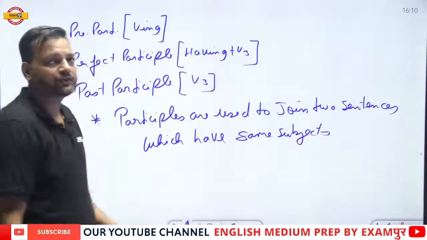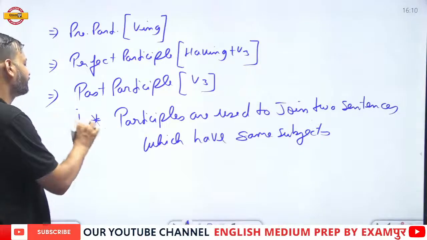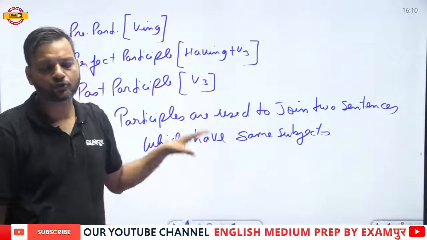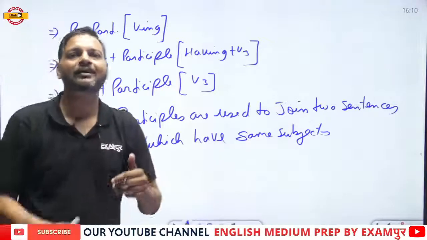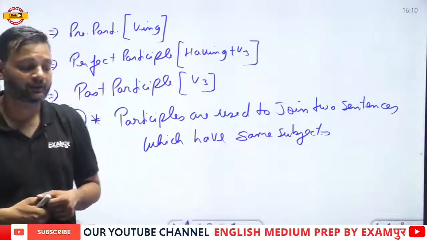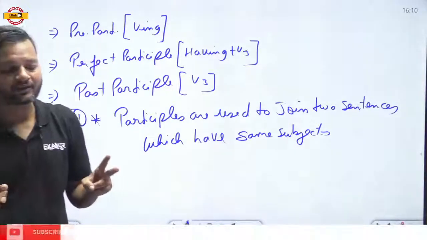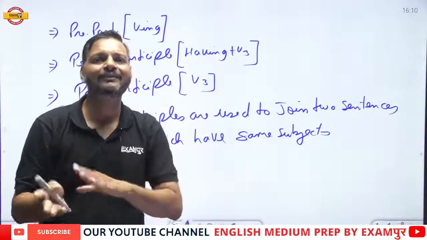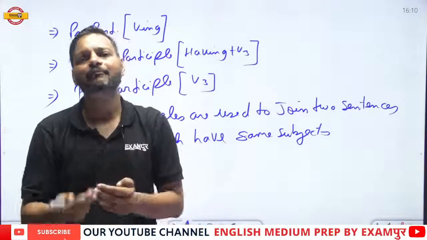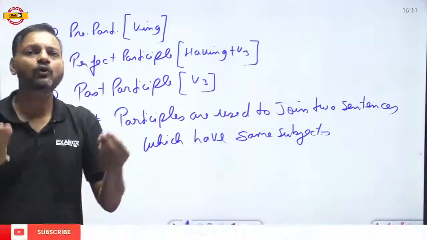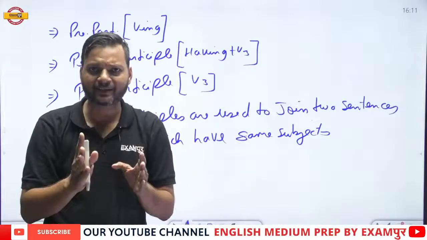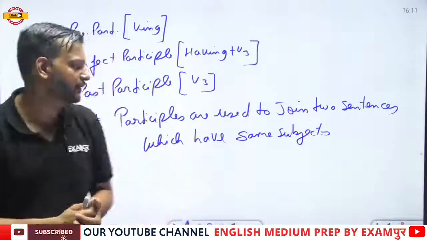Okay, so this is the first use of participle. That means if two sentences do not have the same subject, they cannot be joined by participle. So to use a participle to join sentences, the sentences must have the same subject.